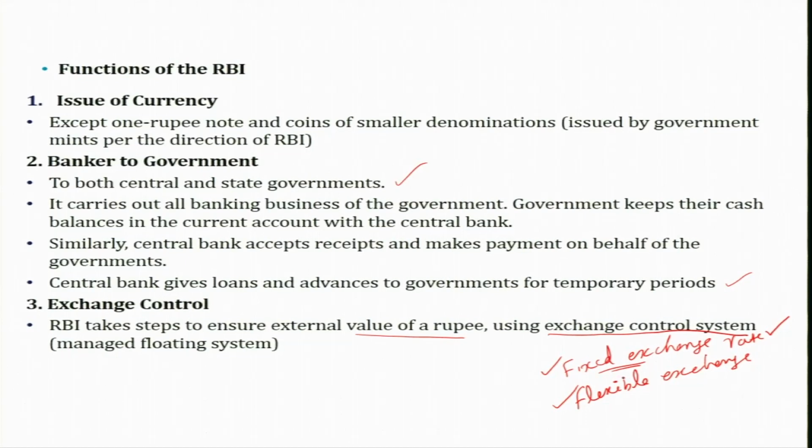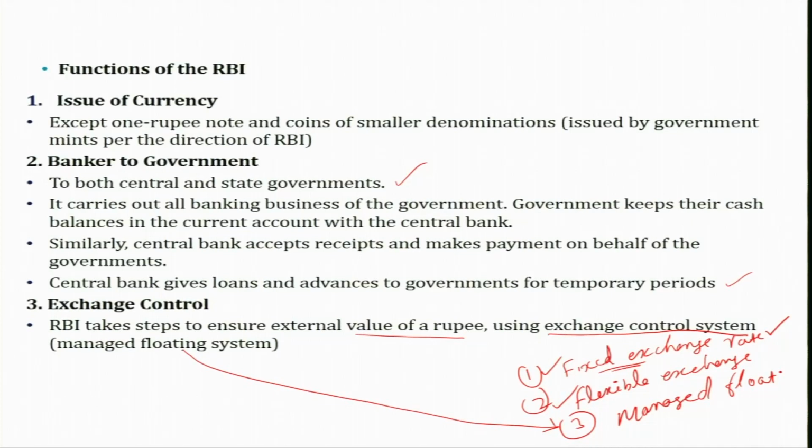And the third regime is the managed floating system. This is 1, 2 and 3. The third one is managed float, also called a dirty float. That means the government or central bank intervenes in the market.